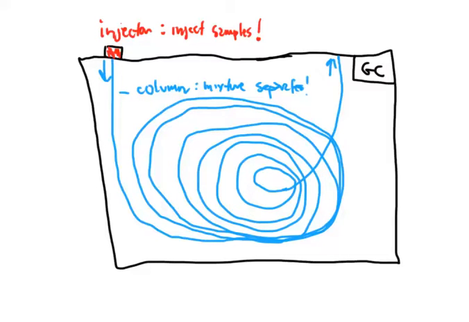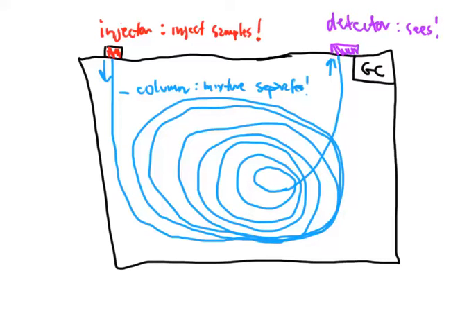All right, now over on the right-hand side, I'm going to draw another peg or another box, and I'm going to color this one purple, and we're going to call this one the detector. So this is the detector of the instrument. And what the detector does is that it sees your components one by one, and it triggers a signal, and that signal goes over to the computer system.